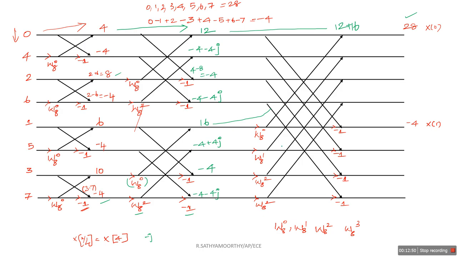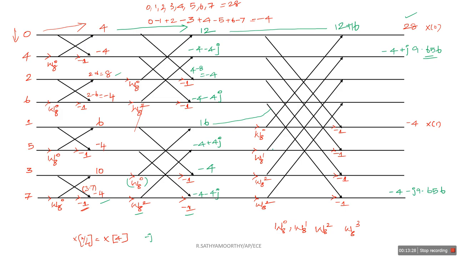W8 power 1 is 0.707 minus j 0.707. If you cross multiply, you will get the answer minus 4 plus j 9.656. Now the answer for x of 7 is the complex conjugate of x of 1. What is that? Minus 4 minus j 9.656.